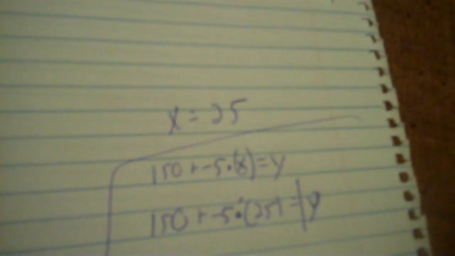So it says 25 days, so we need to put 25 in the x. So x equals 25. I parenthesize the x, just like I normally do when I put a number in for a letter. Equals y, 25.